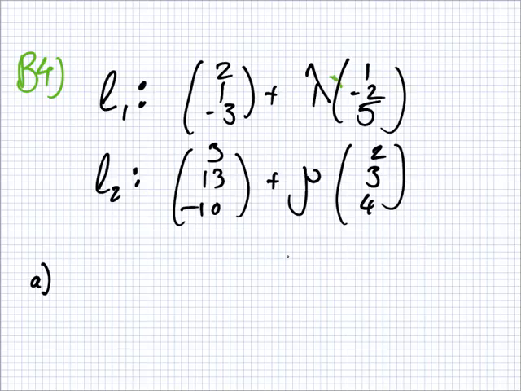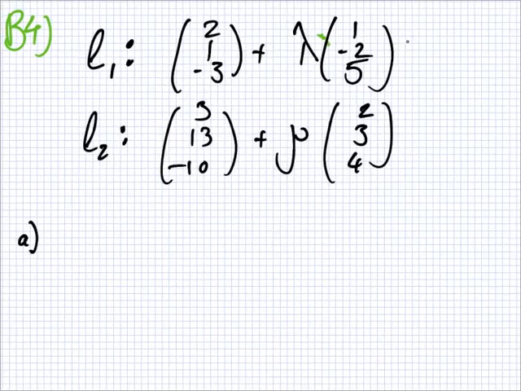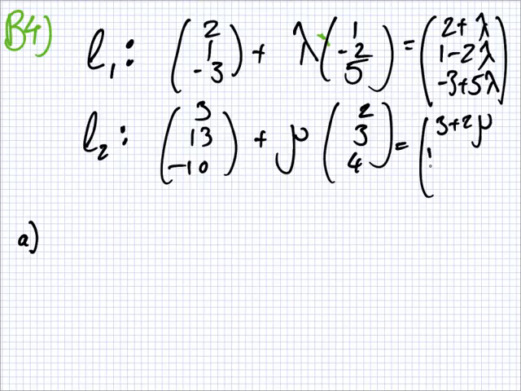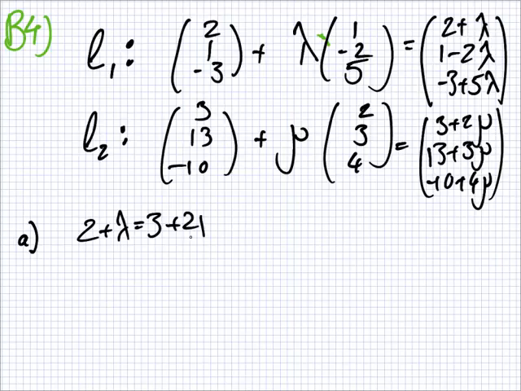If you want, we can put this together as 2 plus lambda, 1 minus 2 lambda, minus 3 plus 5 lambda, and 3 plus 2 mu, 13 plus 3 mu, and minus 10 plus 4 mu. Right, so to show that they meet, 2 plus lambda must equal 3 plus 2 mu. 1 minus 2 lambda must equal 13 plus 3 mu.